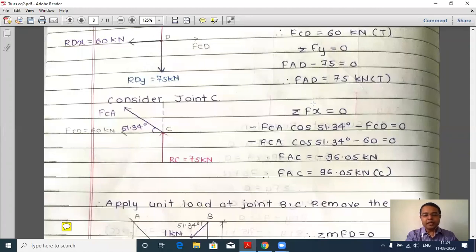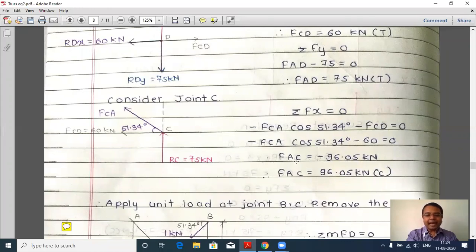Forces going towards the right are taken as positive, and forces going towards the left are taken as negative. We take only horizontal forces under the summation x.